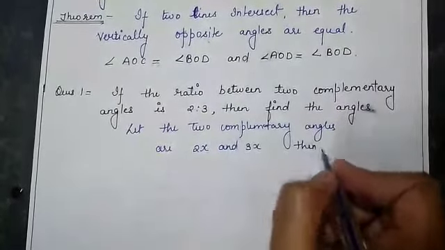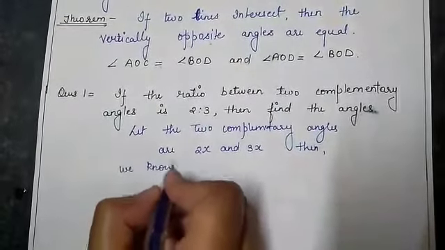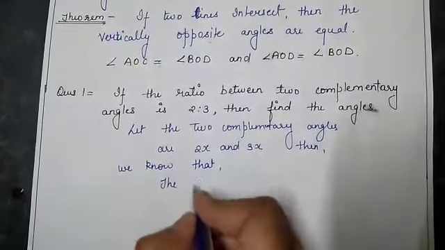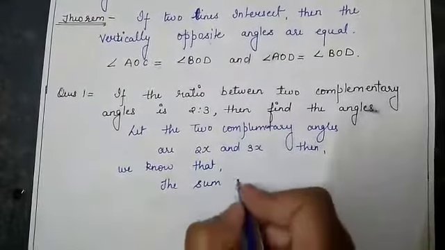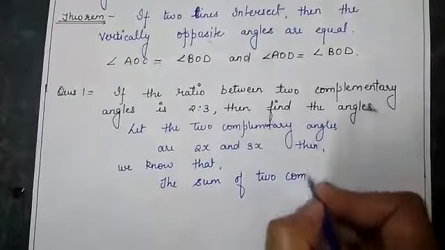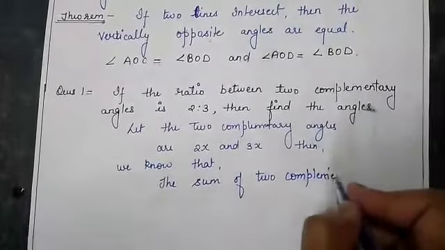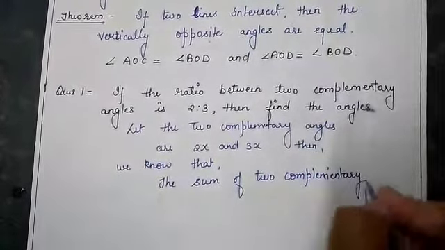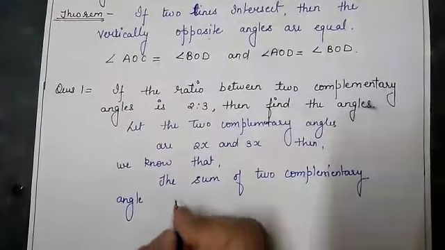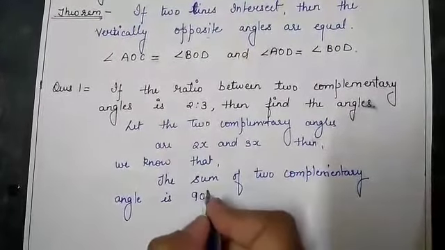Then we know that the sum of two complementary angles is 90 degrees.